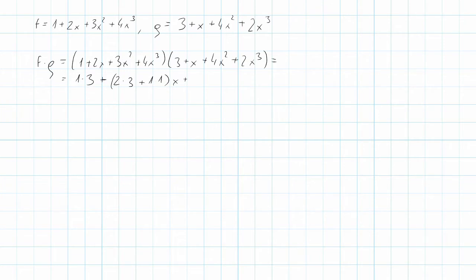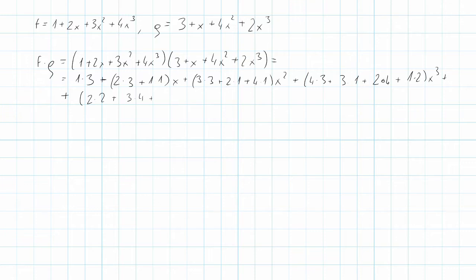Now the square term, so it's 3 times 3 plus 2 times 1 plus 4 times 1, times x squared, plus, now the cube part, it will be like this: 4 times 3 plus 3 times 1 plus 2 times 4 plus 1 times 2, times x cubed, plus, now we take x to the 4th power, so it's 2 times 2 plus 3 times 4 plus 4 times 1.